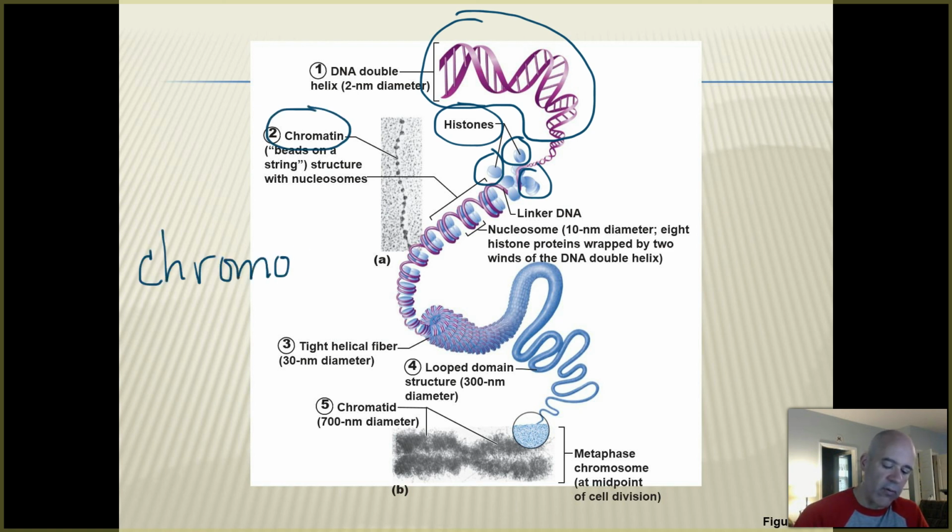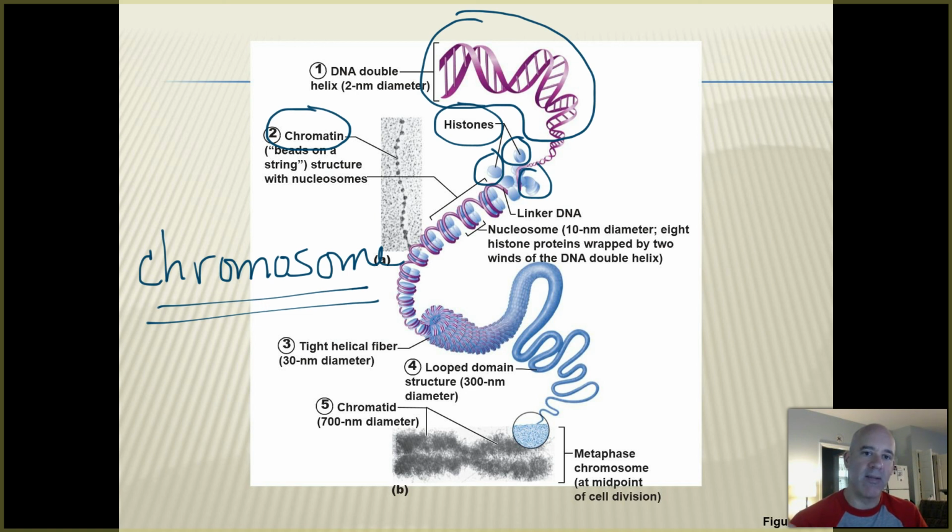I'm sure you've heard of chromosome before. The DNA in the nuclei of your cells is divided up into different DNA molecules that are called chromosomes. And you have 46 chromosomes in most of your cells.